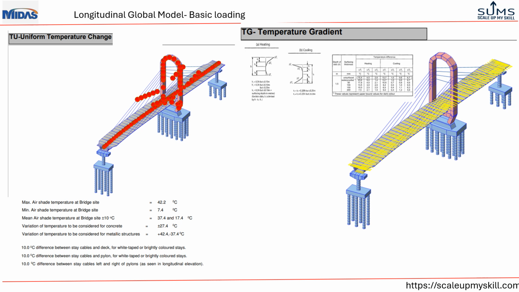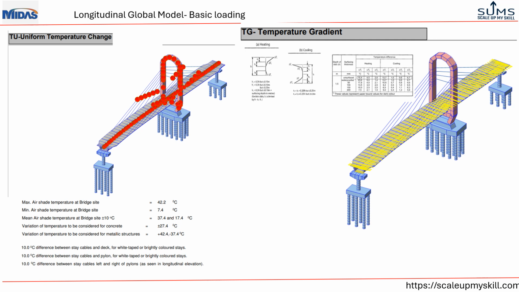Stay cables also have different variations as per the IRS code. So a variation of temperature of 10 degrees is considered for stay cables and the deck, and similarly the same variation is also considered for stay cable and the pylon, and stay cables on the left side of the pylon versus the right side of the pylon are also considered.